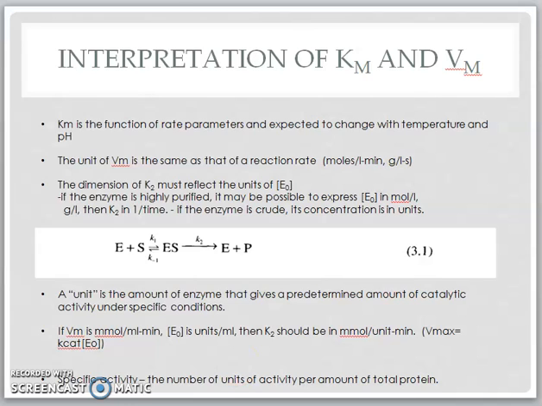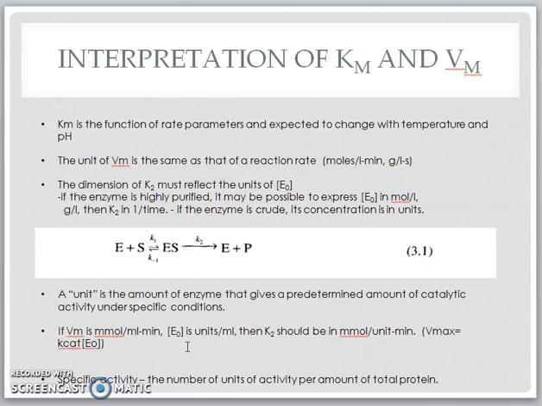So the turnover number of the enzyme, which has been mentioned in the previous presentation, is this K2, which is equivalent to Kcat. Kcat, the catalytic constant, is also known as the turnover number of the enzyme.